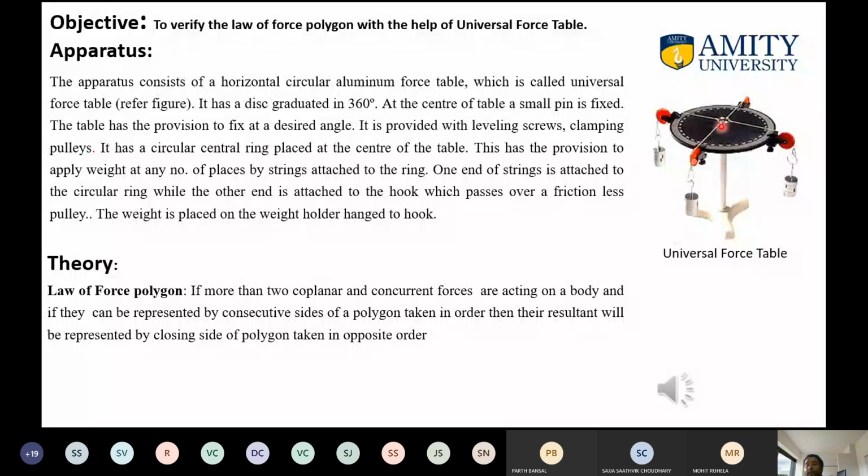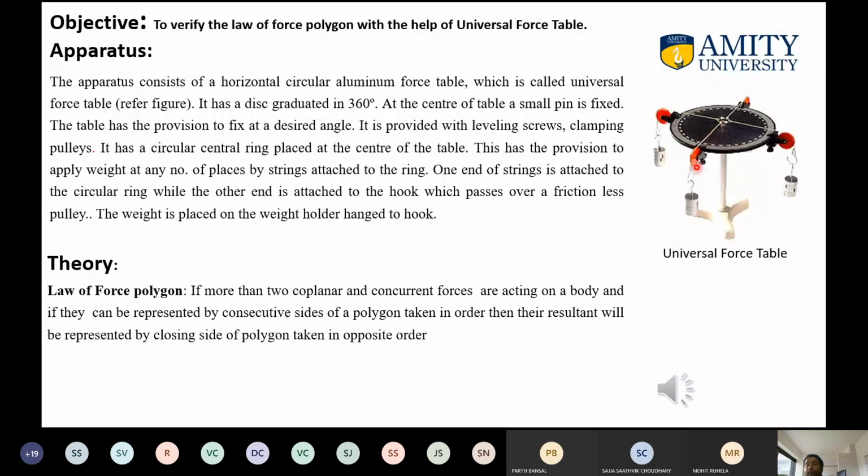Now for the next string, what is the weight here? Let us say it is 350 gram. 350 gram will be how much? 3.5 centimeter. This is for the B weight. What is the angle, which we have already discussed? Some angle is engraved here. Let us say it is 100, and for this string, let us say it is 150.